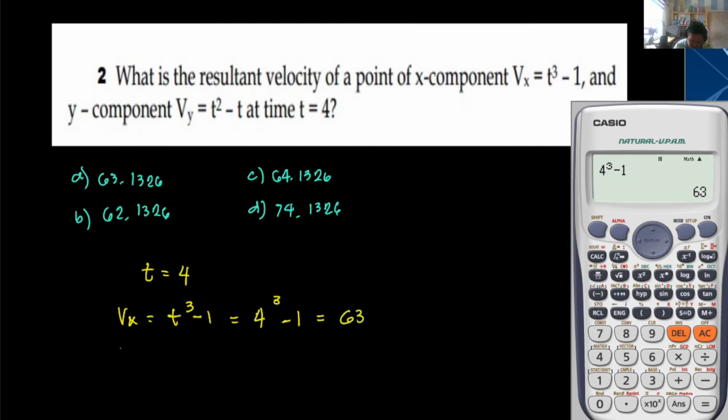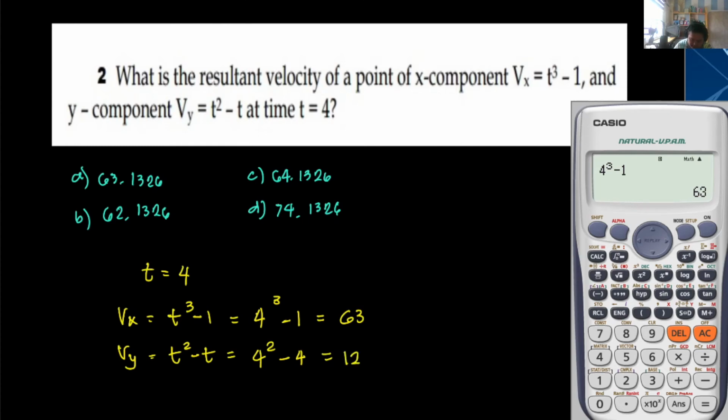Okay. And v sub y, the component of the resultant velocity along y, is t squared minus t. So this is what? 4 squared minus 4. So 4 squared is 16 minus 4, so 12. Okay.